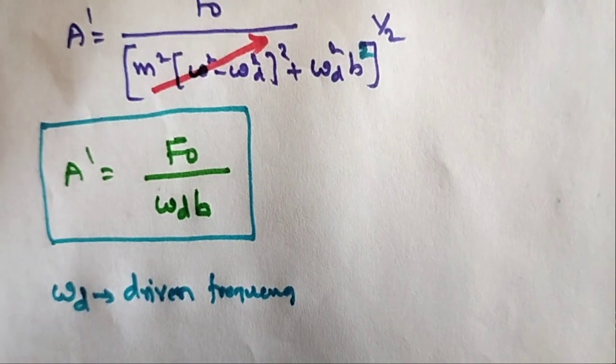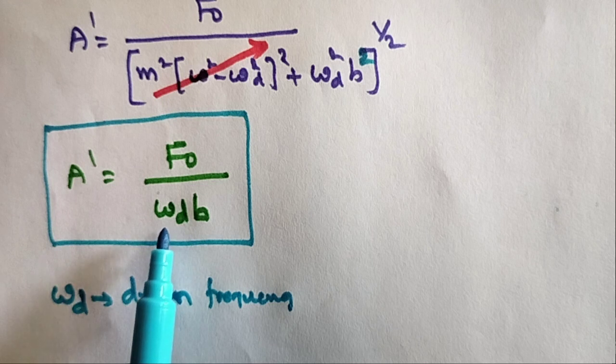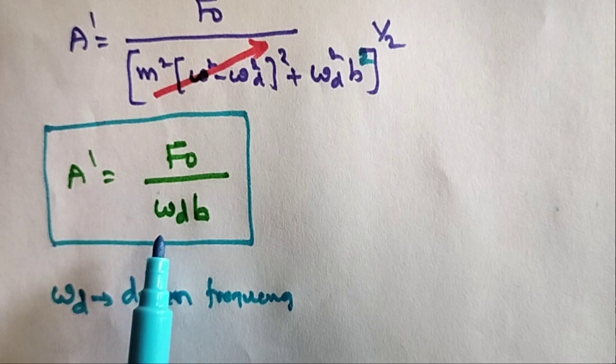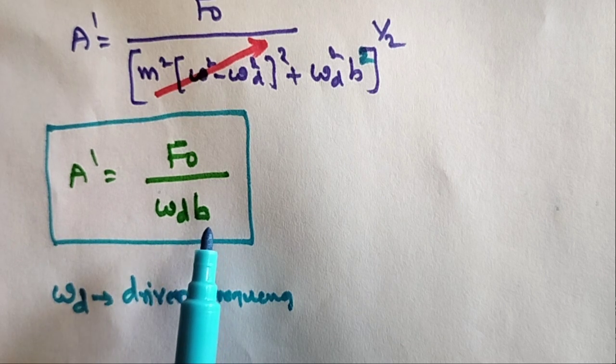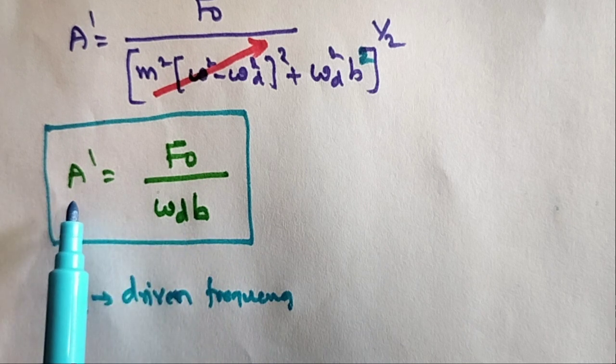So this is the second case. The amplitude is F naught by omega d b, so the amplitude depends on the driving frequency and also the damping constant b value.